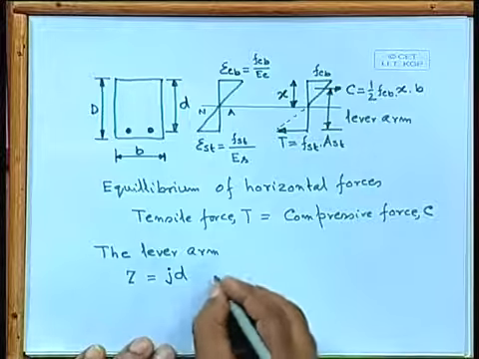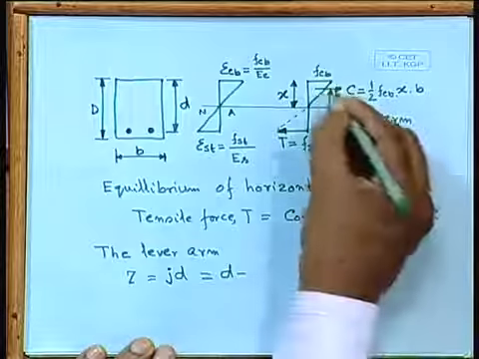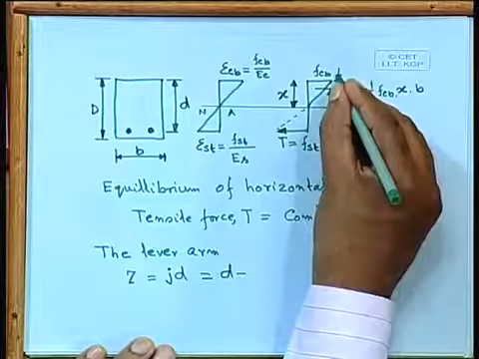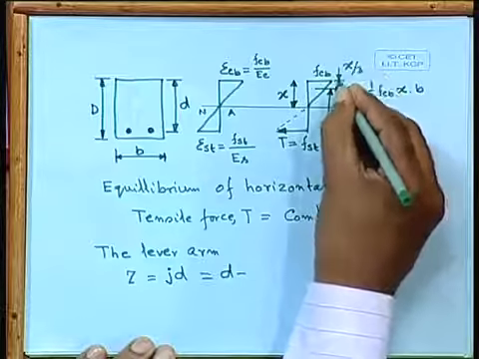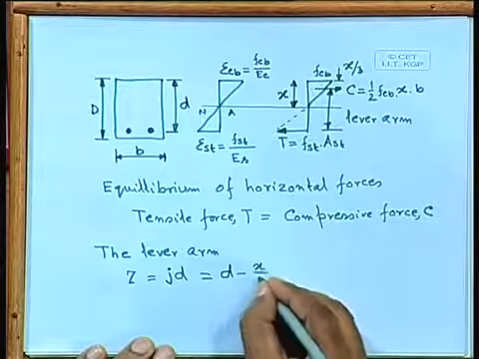So, Z equal to JD equal to D minus x by 3, this portion x by 3. So D minus x by 3 is your lever arm.